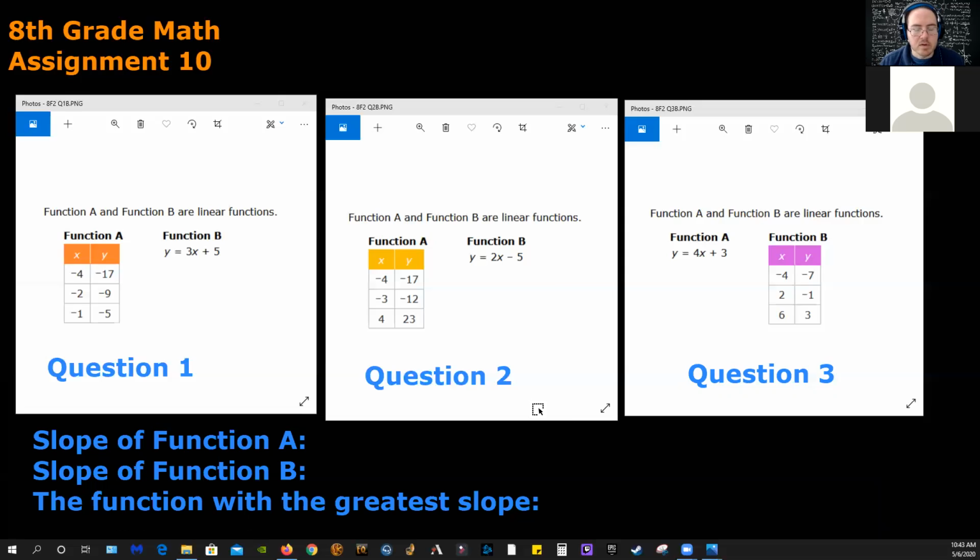Okay, so that's what the directions are. So you're going to get the slope for A, and you find the slope for B and type those in. And the third part, your answer is just going to be A or B. That's all you have to do for the third part. All you have to do is tell me which one of the two has the greater slope. So calculate the slope for A, calculate the slope for B, and then just tell me which one's bigger. That's it.